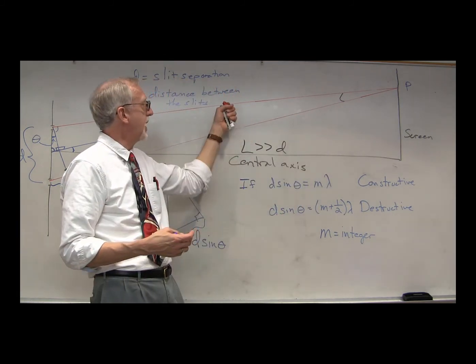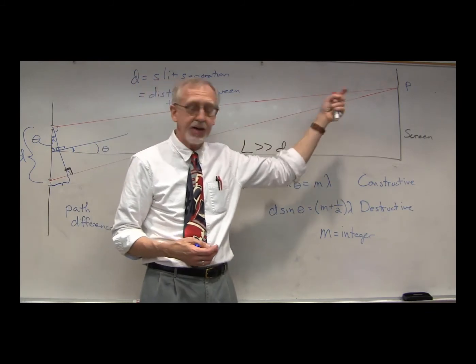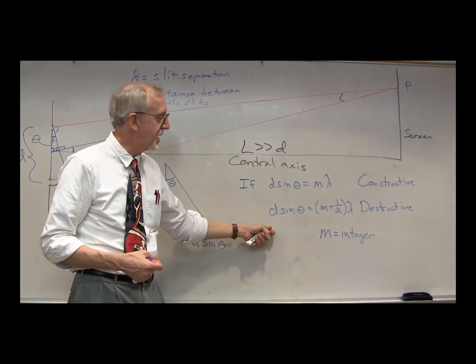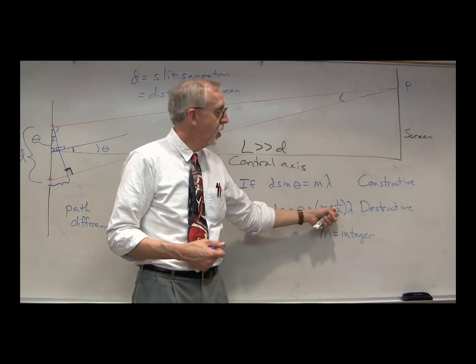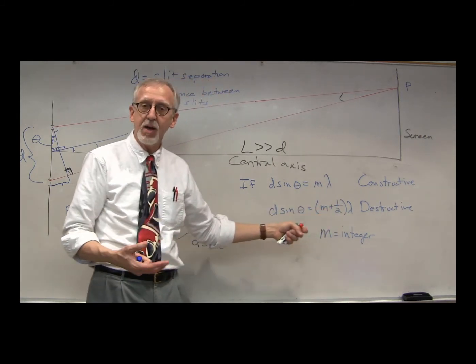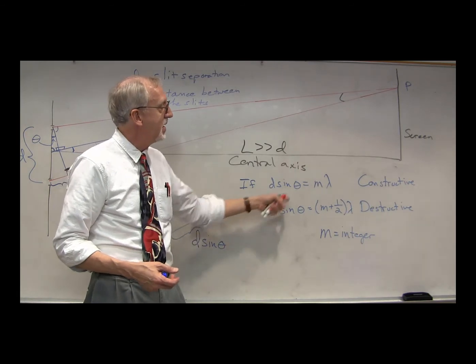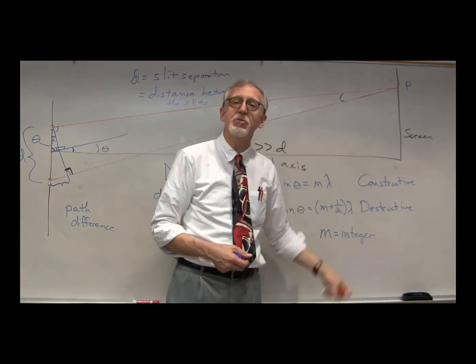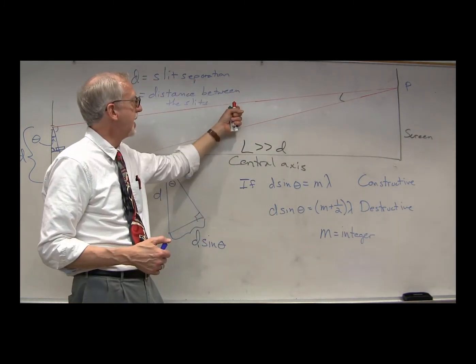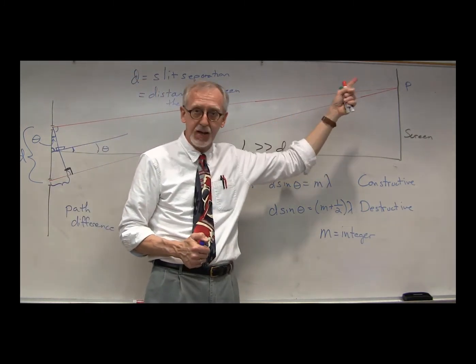In other words, light plus light will give us lots of light. If, however, d sine theta is an integer plus a half wavelength, 1.5 wavelengths, 2.5 wavelengths, then the two waves will be out of phase and we will get destructive interference. In other words, light plus light will give us no light.